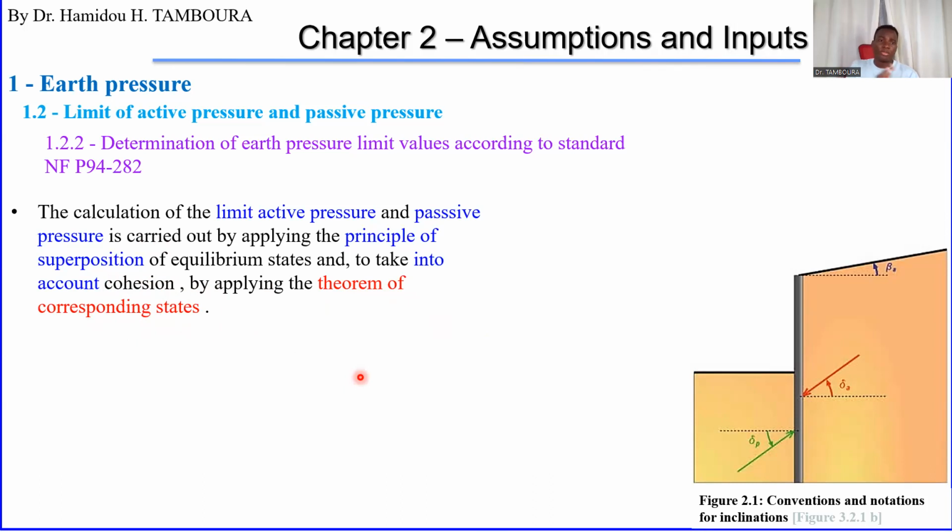This is just to say that the theorem of superposition is: you add the effect of cohesion, adding the effect of unit weight, adding the effect of the charge, this kind of thing. I think the bearing capacity formula of Terzaghi is also obtained by the theorem of superposition.